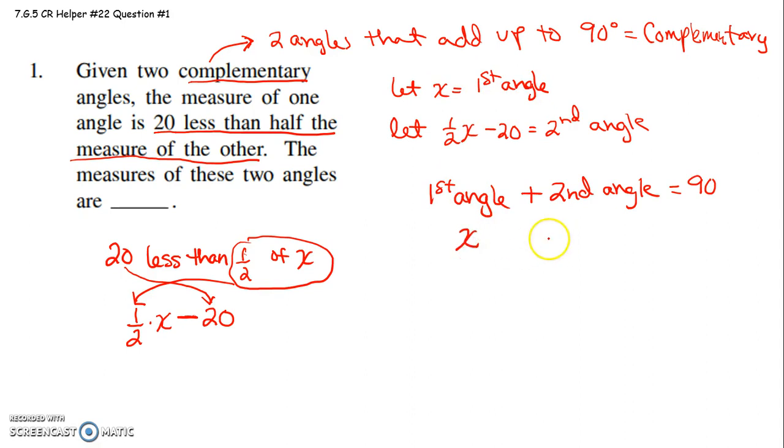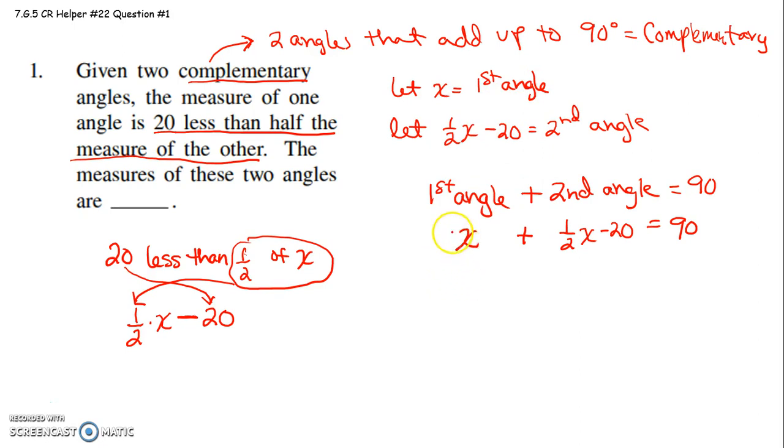X, plus the second angle, which is 20 less than half the measure of the other, so 1/2 X minus 20. When I add those together, I have to come up with 90 degrees. So now I'm just going to solve this equation for X. That'll give me one of the angles, and then I'll substitute in to find the other angle.